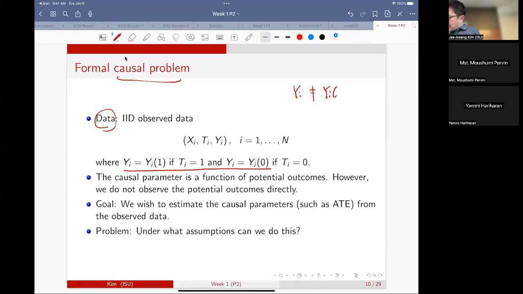So what is yi? Well, I will use yi to denote the observed random variable. And yi(t) is a potential outcome, which is a conceptual thing.